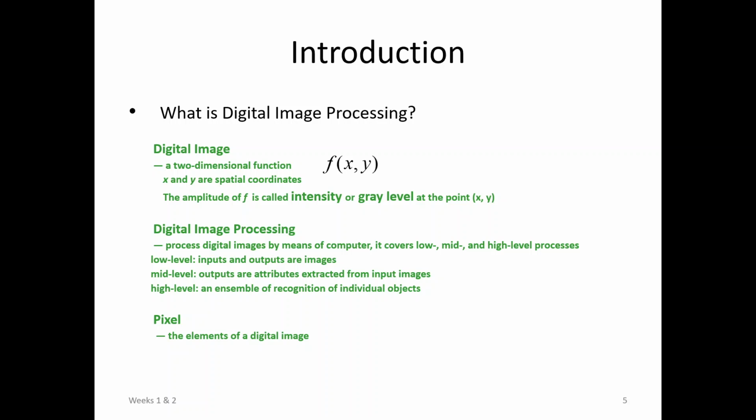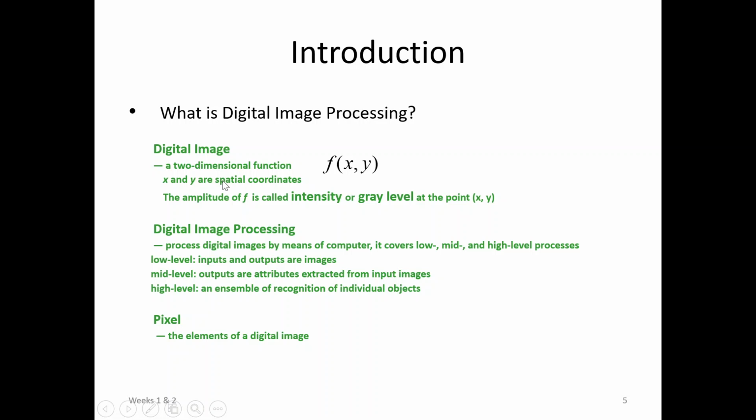If we have a 2D matrix, then there should be a position, which means we have coordinate values, and over the coordinate values we have to find the intensity value. That intensity value can be calculated with the help of this 2D function f(x,y), where x and y are the spatial coordinates.